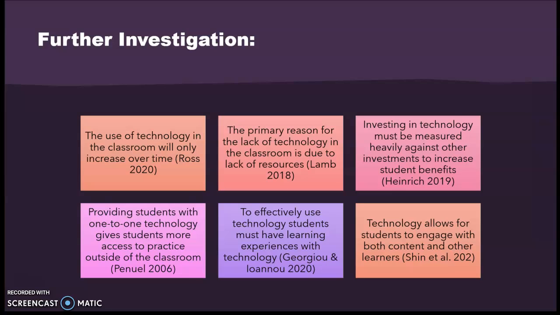So there's a vast, wide-ranging amount of investigations that have been done into technology and its purposes. This proposal would focus primarily on the effects of it within student learning for computer-based assessments and how it could improve student performance on computer-based assessments.